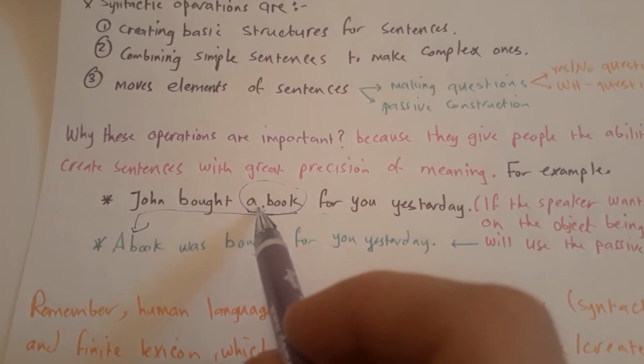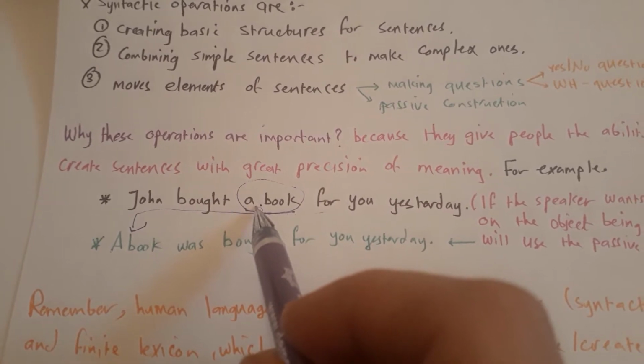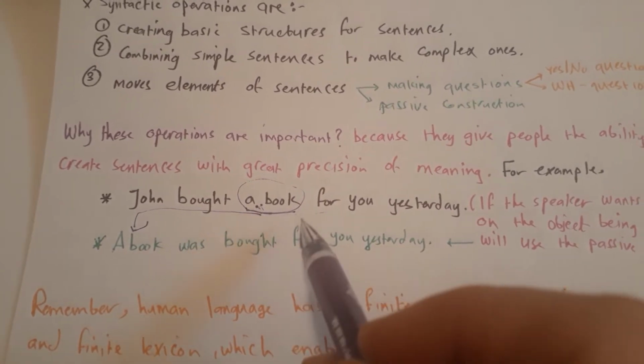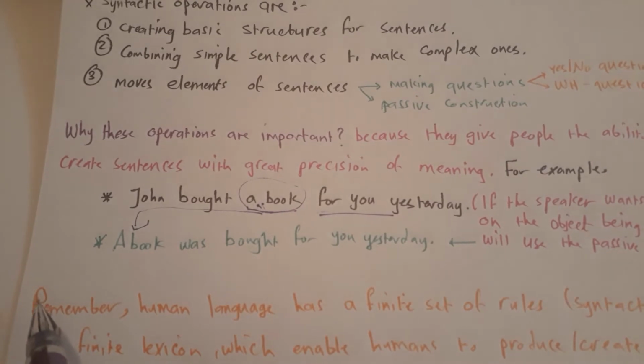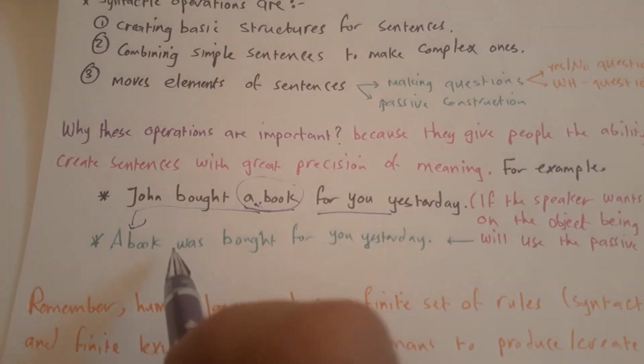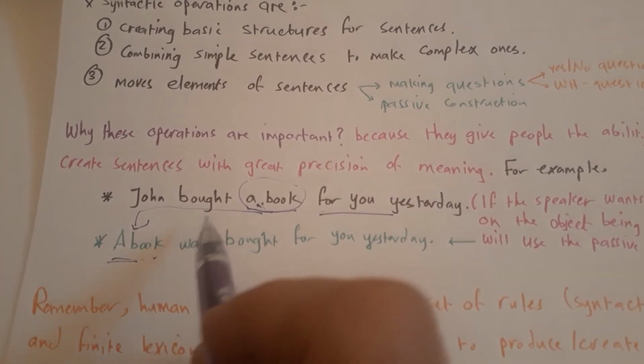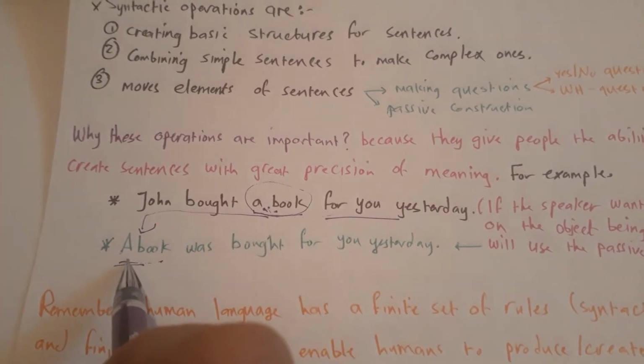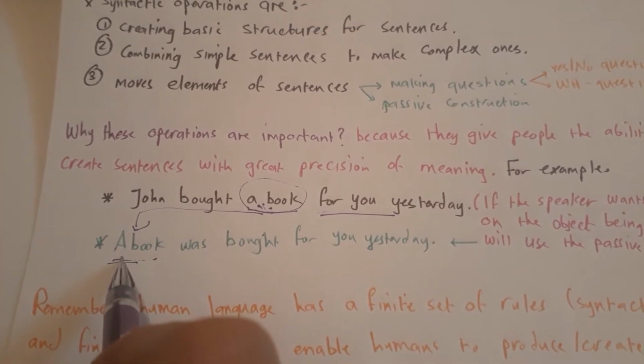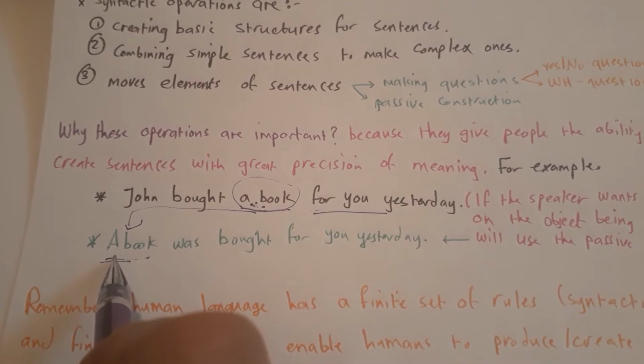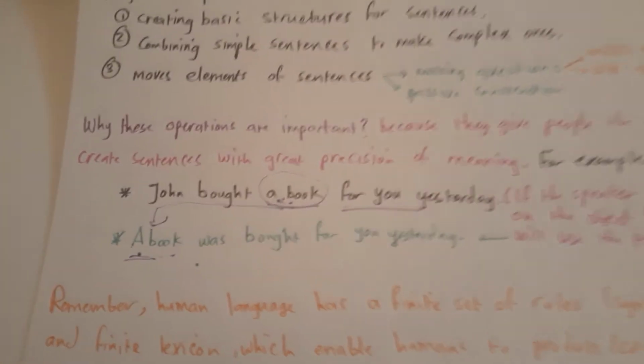Now the book here is the direct object, as you know, and for you here is the indirect object. Now if you want to focus on this, you have to move this element into here to make a passive sentence. So a book was bought for you yesterday.